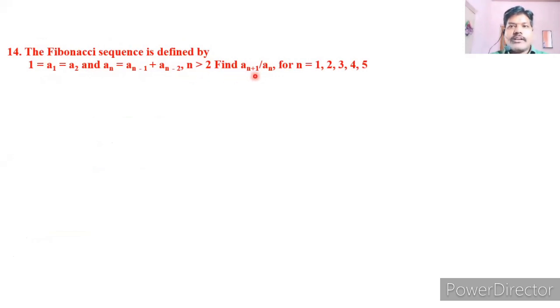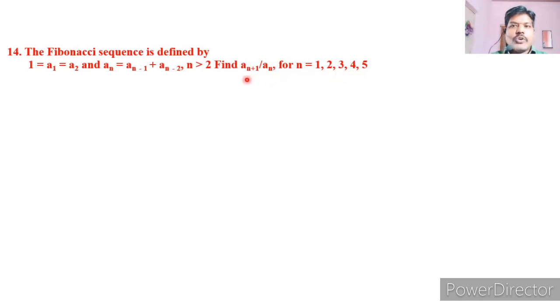They are not asking for the terms directly. You have to calculate a_(n+1) by a_n for n equal to 1, 2, 3, 4, 5.